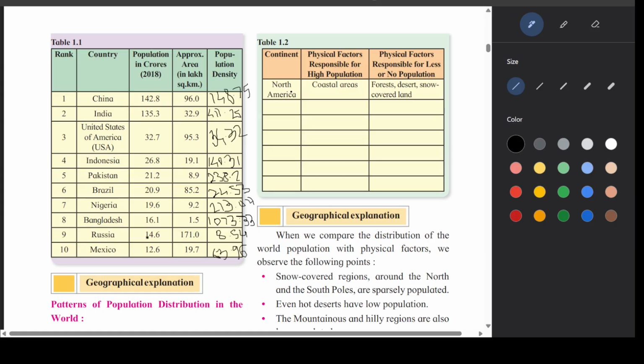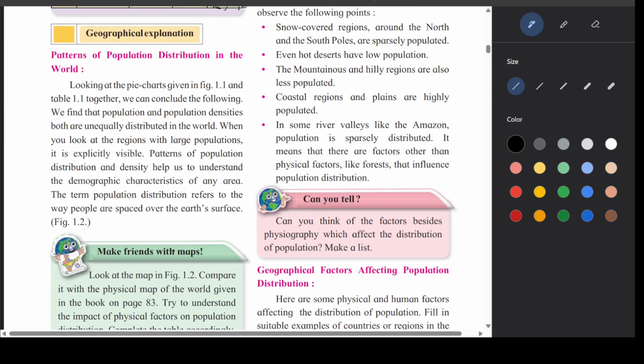Population is 14.6 and area is 171 lakh square kilometers. Its density is 8.54. Mexico. Population is 12.6 crore and area is 19.7 lakh square kilometers. Density is 63.96.